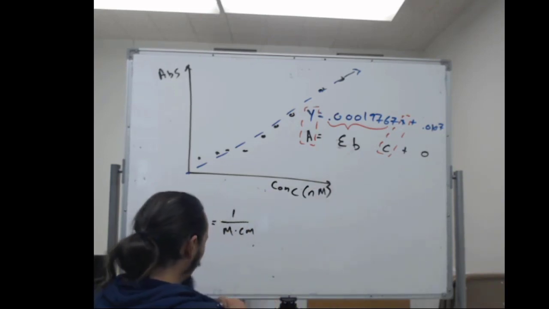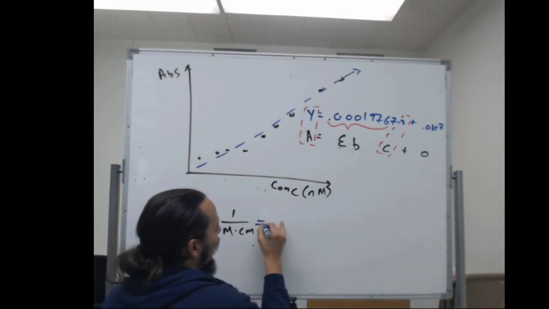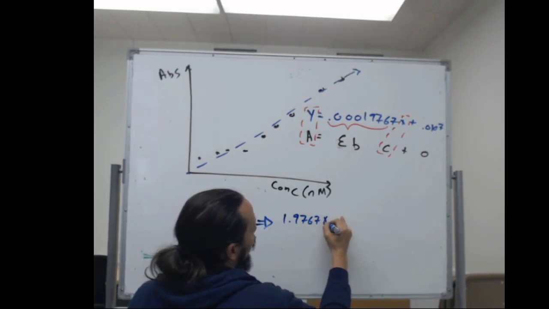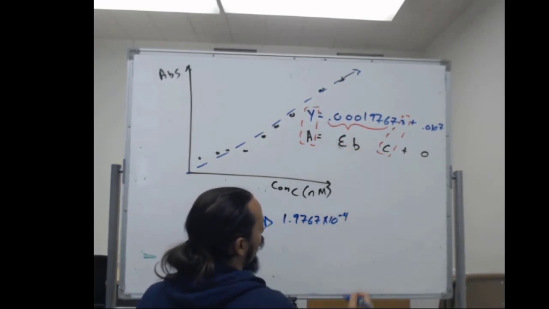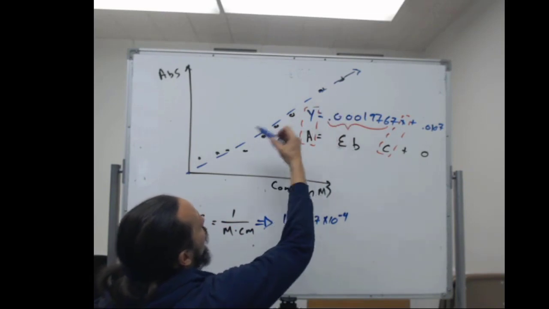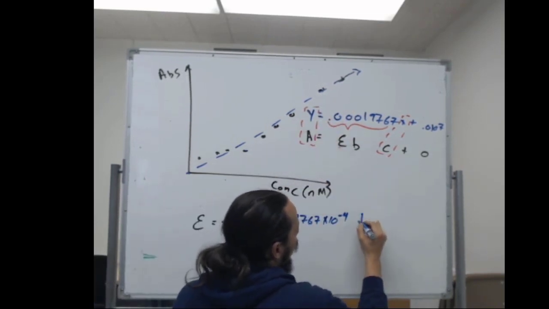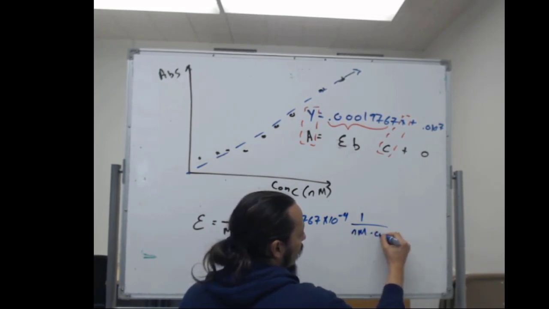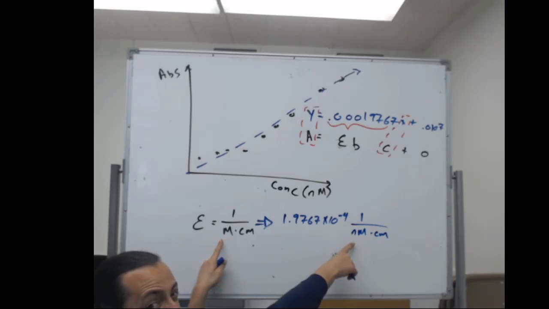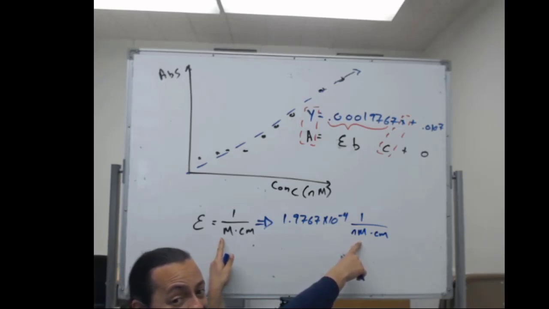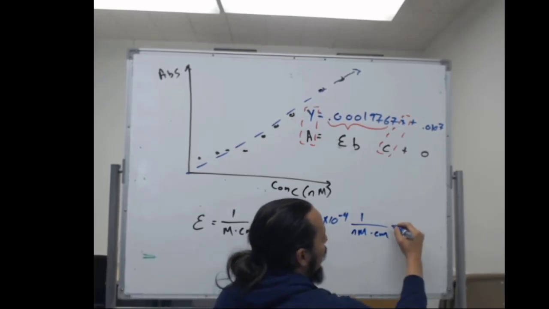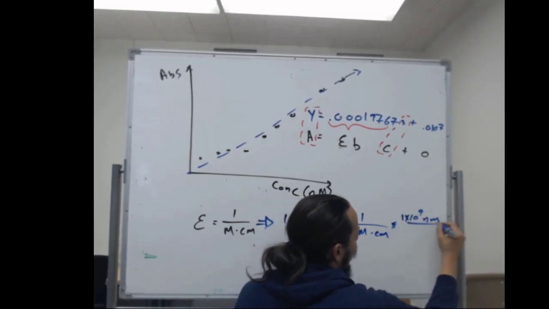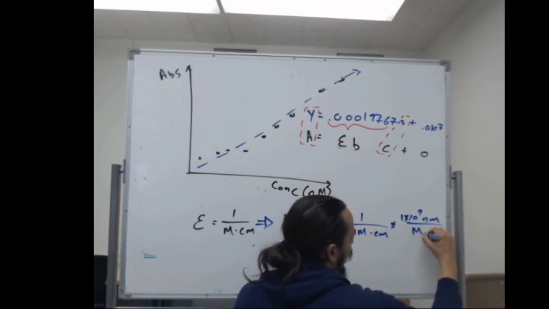So all we actually have to do to solve this problem is recognize that we've got 1.9767 times 10 to the minus 4, and that's going to be rise over run, so no units, over nanomolarity centimeters. And you'll notice the units don't match by a factor of 1,000,000. And that's the only thing we have to realize. And then we say 1 times 10 to the 9 nanomolarity per molarity, right?